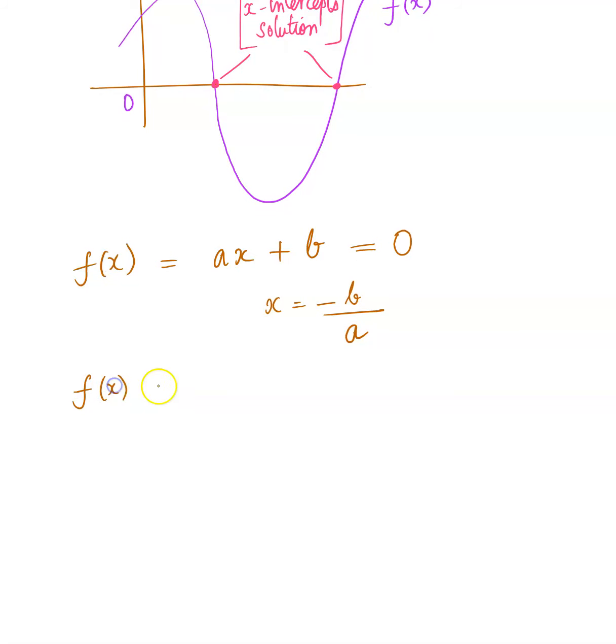Now, if I gave you f of x equals ax squared plus bx plus c, this is a quadratic equation, and we know how to solve quadratic equations. So we solve for x using, there are so many ways we can solve, meaning we can factorize it by using the GCF, the AC method, BC method, basically, factoring by grouping.